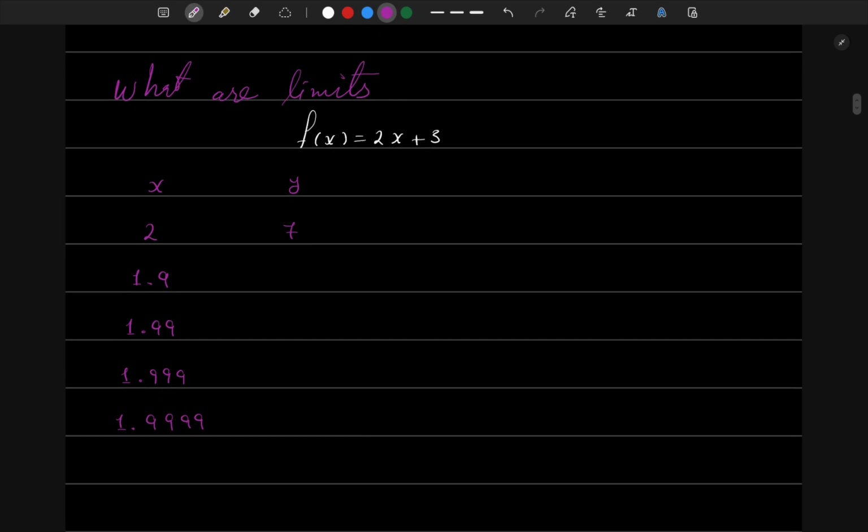So how can I get the closest value to 2, or what is the value in y for the closest value to 2? Okay, let us find the value in y for those ones. Well, if x equals 1.9, then y equals 6.8. If x equals 1.99, then y equals 6.98.